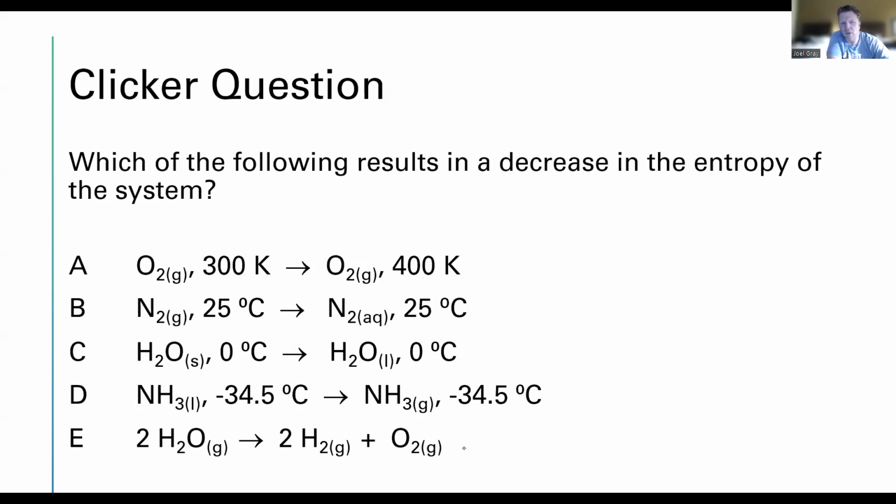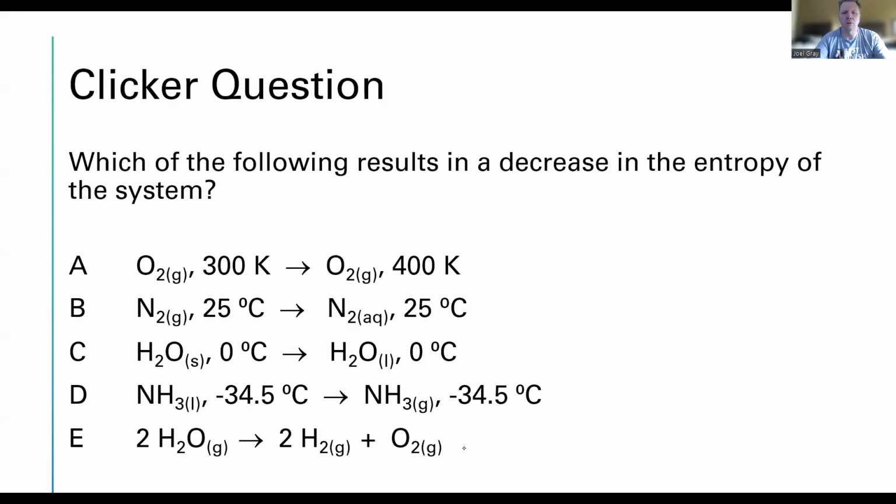Now, answer option E, 2 moles of H2O go to 2 moles of H2 and O2. So we're taking 2 moles of a gas and going into 3 moles of 2 other gases. So this is our water decomposing into hydrogen gas and oxygen gas.